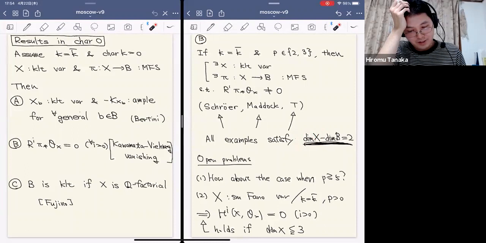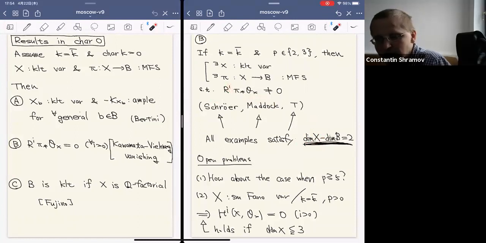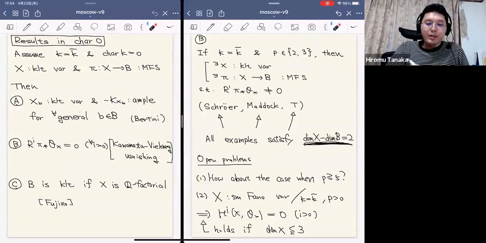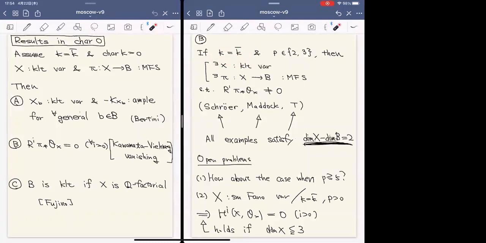If the dimension of X is equal to 2, then this is okay. This is vanishing. So we know vanishing here, assuming the base field is algebraically closed. I see. Thank you.